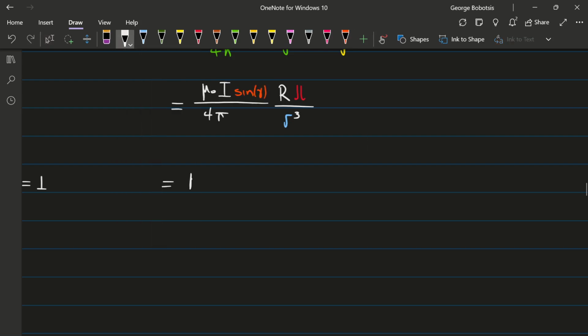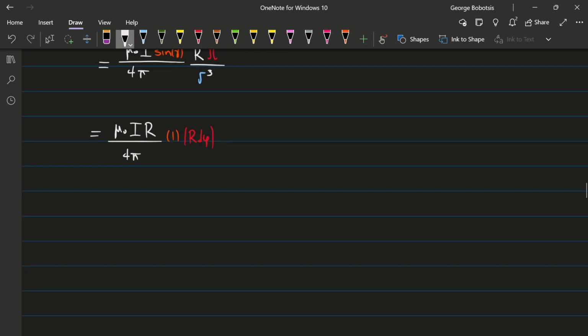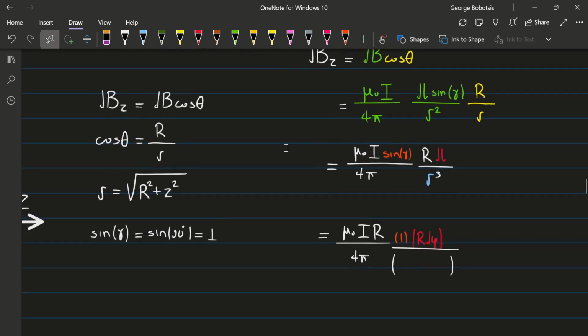So we get mu naught I R over 4 pi multiplying 1. dl was R d phi from the 2D diagram. And then we have R cubed at the denominator. Since curly R is this guy, you just take it and cube it basically. So it's R squared plus Z squared to the power of 3 halves.